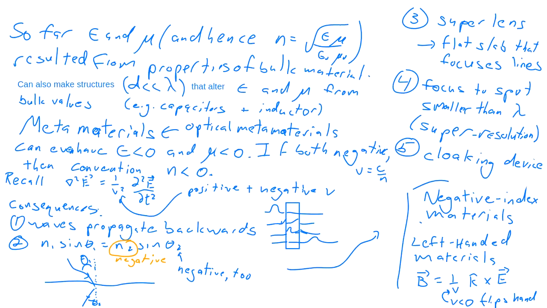So they have made these materials for radio waves. They have made these materials for the infrared. They've made them in one dimension for a narrow bandwidth of visible light.